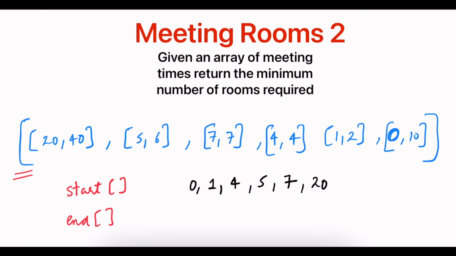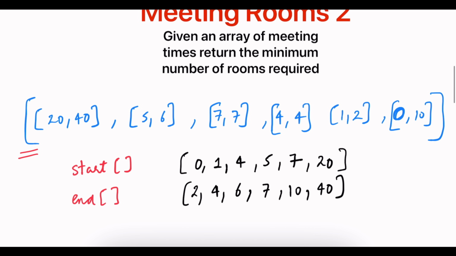And the end time array is going to look something like 2, 4, 6, 7, 10, 40. So we have these 2 arrays of start times and end times and these are sorted.